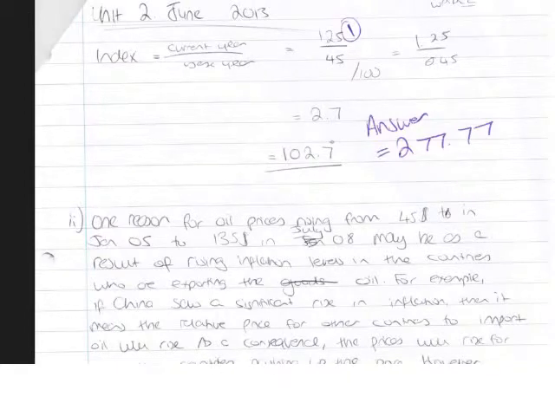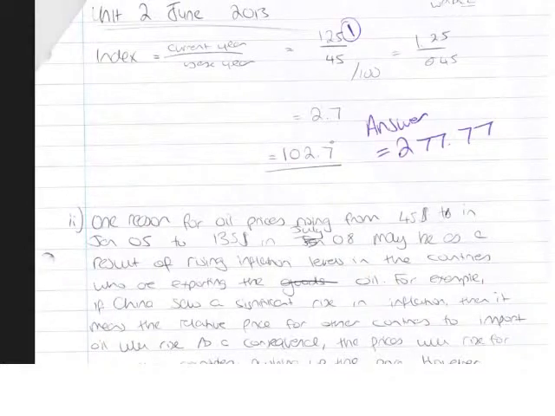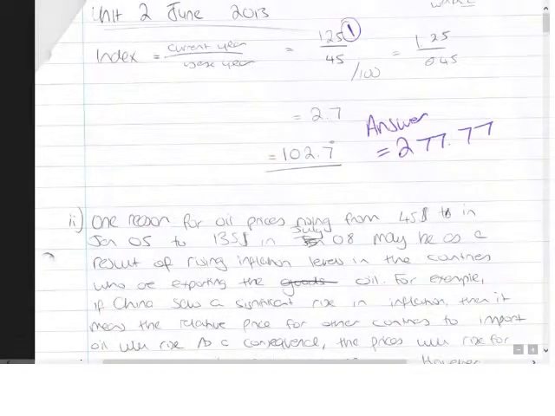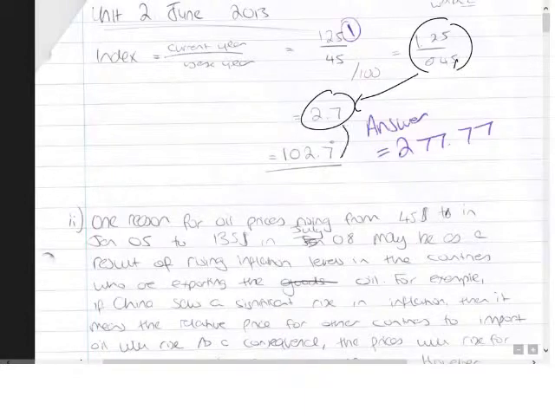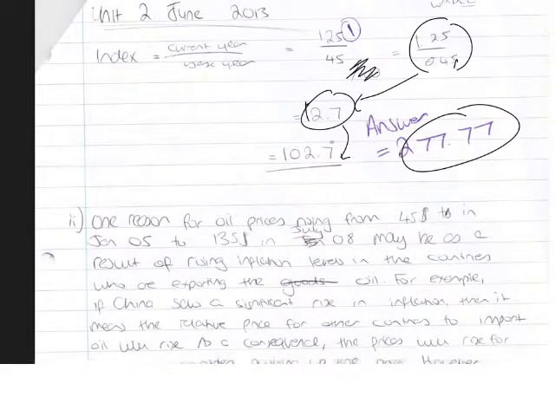But then there was also a division of 100 there as well, which means that you end up with 125 over 0.45, and that's why there's just the 2.7 here, and initially it just went to 102.7. Without that, it would be 127.777, and then that would be added on to get that figure, which was the correct answer. So the index number was 277.77.